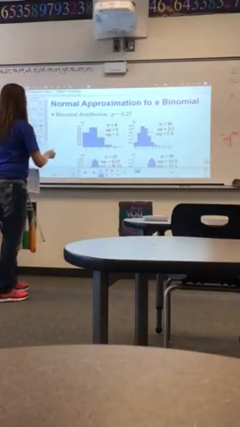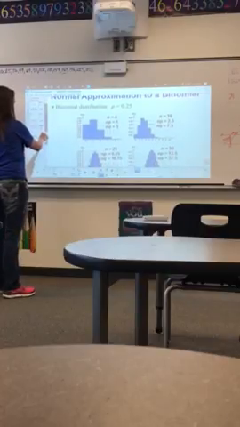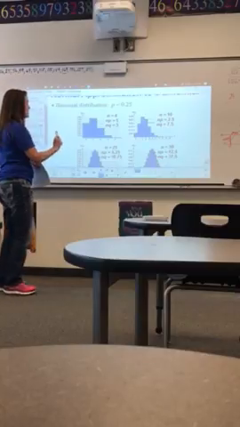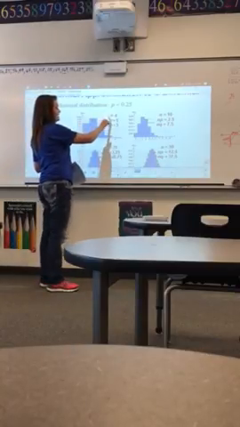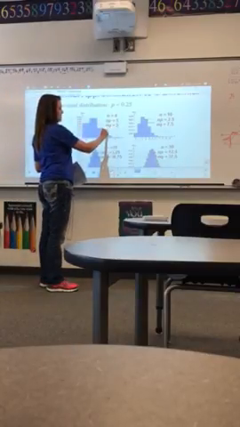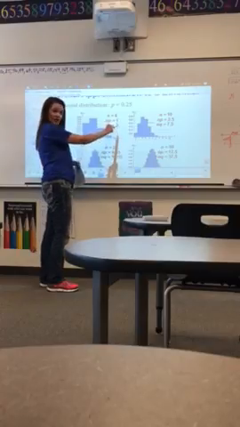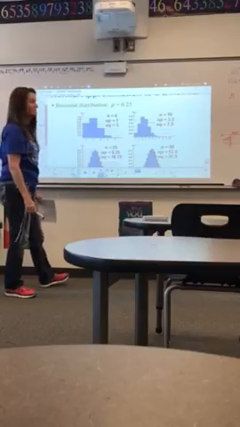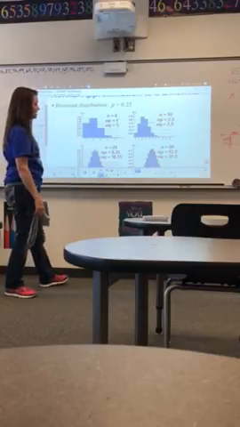All right, so here's what happens with this rule that n times p and n times q have to be greater than or equal to 5. If your n is small, your n times p and n times q are small, so these are not greater than or equal to 5. Look what happens: it's not symmetrical. It's not a bell-shaped curve at all.